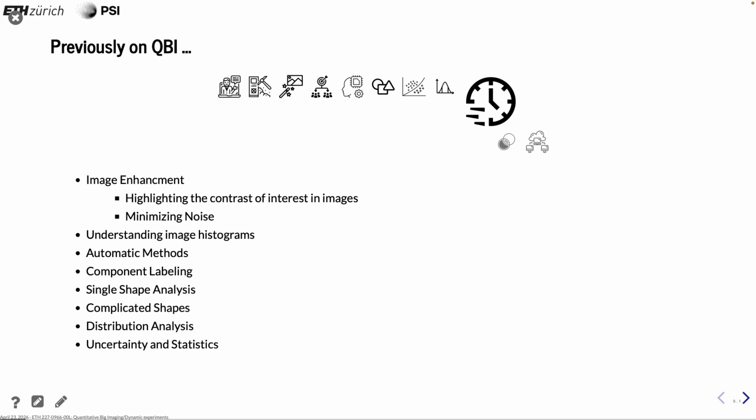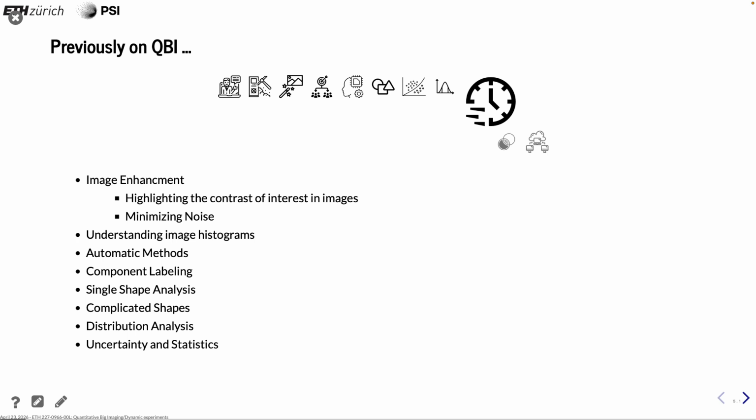Little bit looking back, what we have done before. We're actually coming towards the end of these lectures. So we have looked at how we can prepare our images through image enhancement, also understanding a little bit of what's the features in the image.